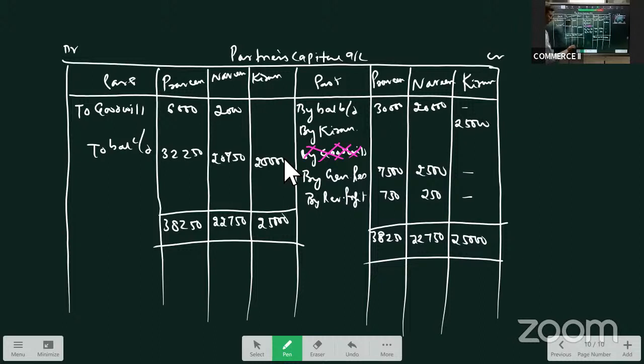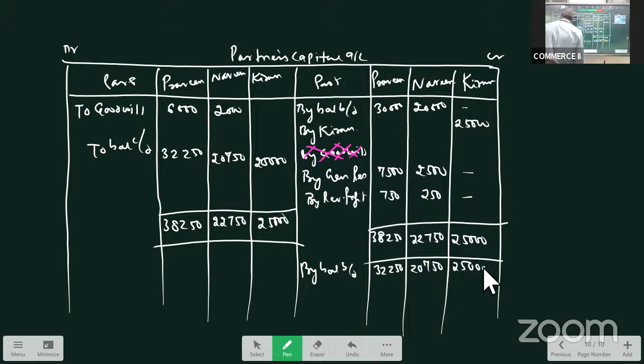By balance brought down. So Praveen's capital now is 32,250. Naveen's is 20,750 and Kiran's capital is 25,000.